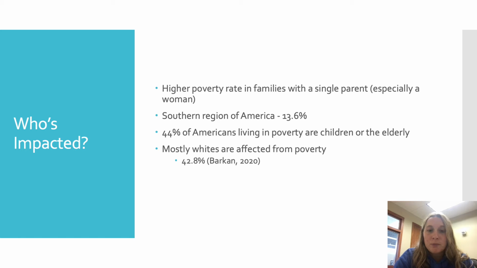The poorest part of America is the southern region, with 13.6% of the southern region being poor. 44% of Americans living in poverty are children or the elderly. So almost half of America living in poverty are either elderly or children. And surprisingly, mostly whites are affected from poverty, with 42.8%.